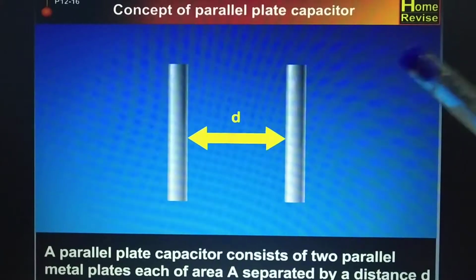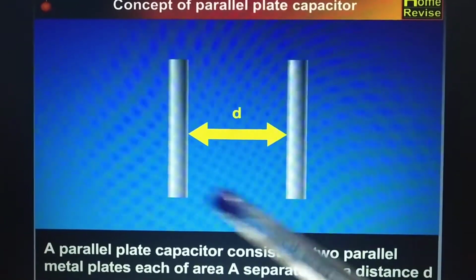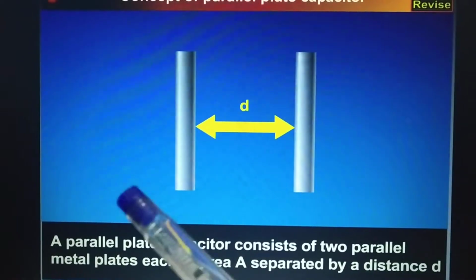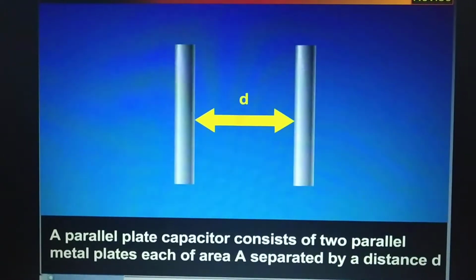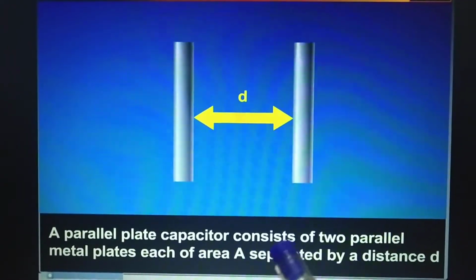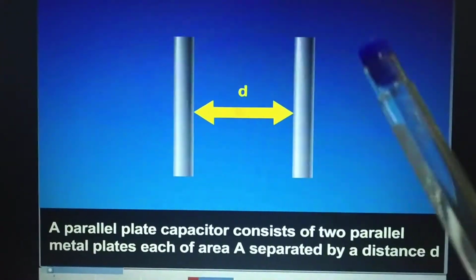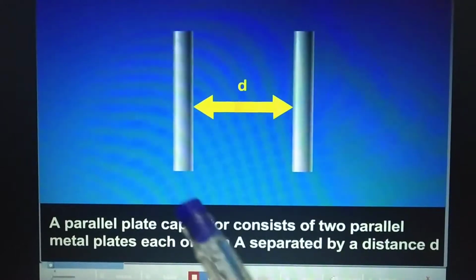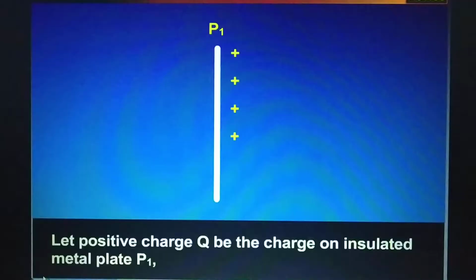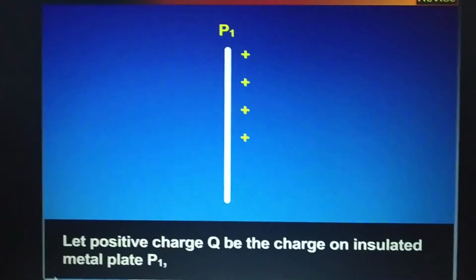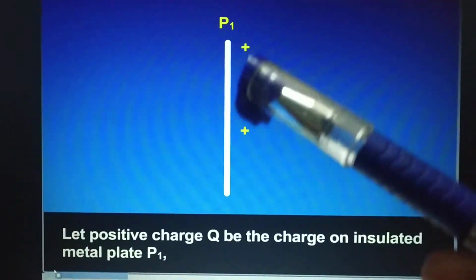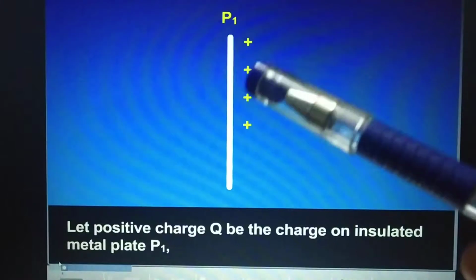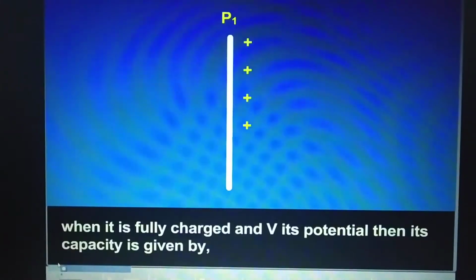Now the concept of parallel plate capacitors. A parallel plate capacitor means two conductors at a small distance d. It consists of two parallel metal plates, each of area A, separated by a small distance d. Let positive charge Q be the charge on the insulated metal plate P1.